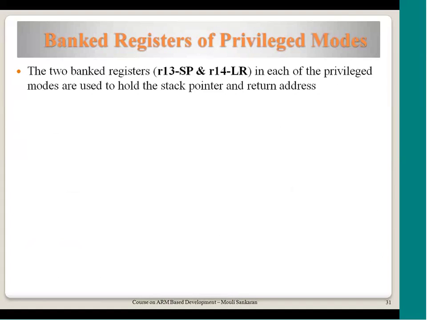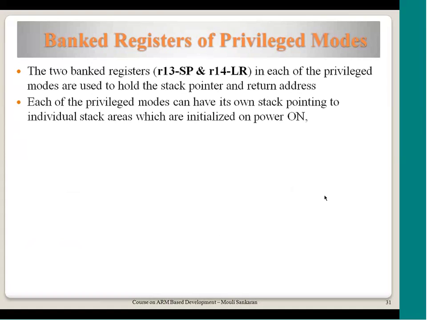Now let us see what the special registers for the privilege modes are for, and let us take an example. These special registers, like the stack pointer and link register, are banked registers. They are used for holding the stack pointer and return address. So why do we need special registers for every privilege mode?